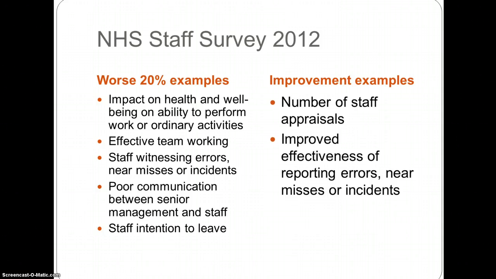Yes, it had improved with the number of staff appraisals completed and an improved effectiveness of reporting errors, near misses or incidents. But the ones in the worst 20% are examples of outcomes of work-related stress.